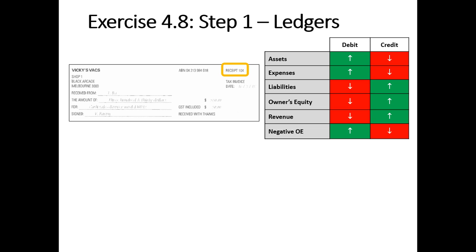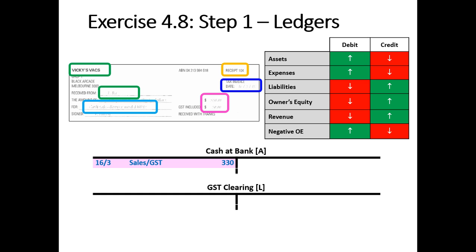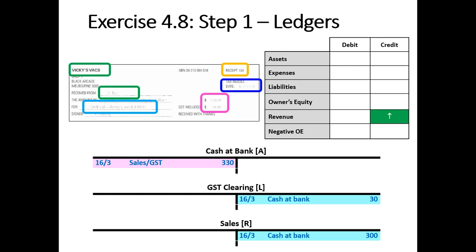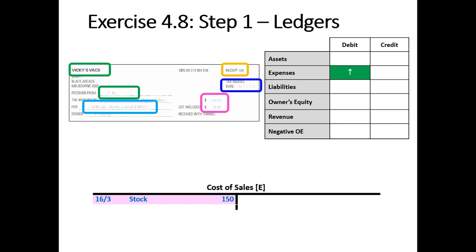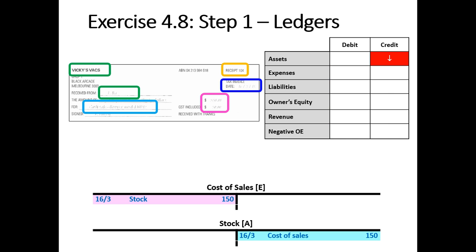Another cash receipt. This time it says we've made a cash sale for, it's a little unclear there, but it says $330 including GST of $30. So in this case GST is a liability because we're the ones collecting it, and we have a revenue of $300 which goes up on the credit side. Then we have a cost of sale expense, which is a debit, going up $150, and stock, which is an asset, decreasing $150.